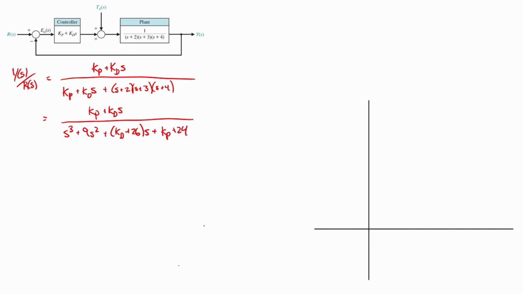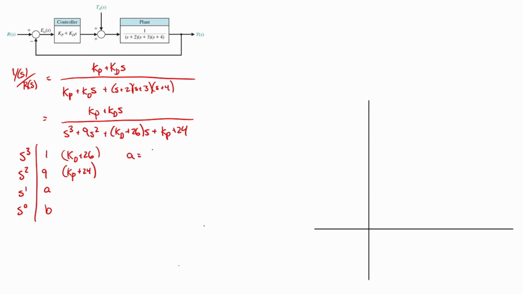Alright, so what we're going to do is put this into our stability criterion. Squared to 1. We have 1, Kd plus 26. We have 9, Kp plus 24. Alright, so we'll solve for A and B.